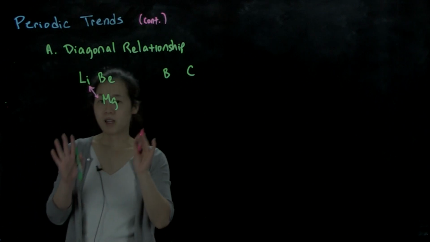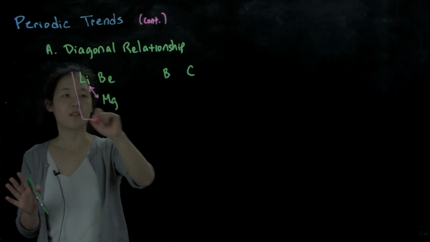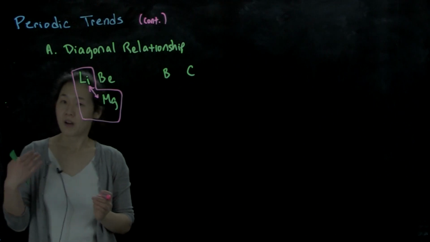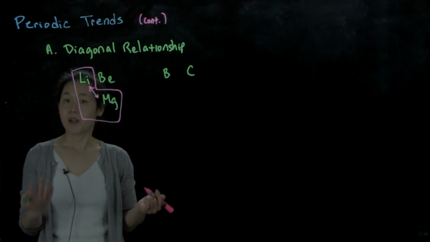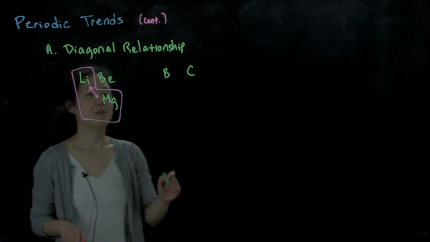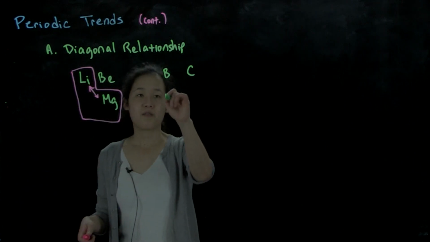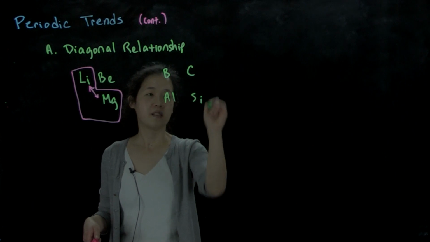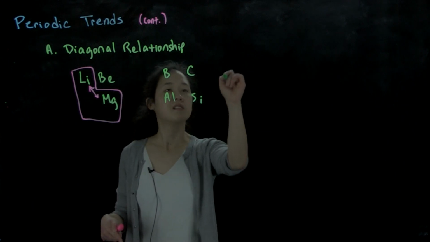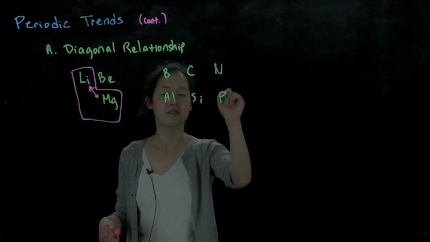This is the so-called diagonal relationship, in the sense that they can, in some cases, substitute for each other and have very similar properties and reactivity. Sorry, that was a terrible diagonal. And then as we go across, you have aluminum, silicon, et cetera. What's past silicon? Nitrogen, phosphorus.